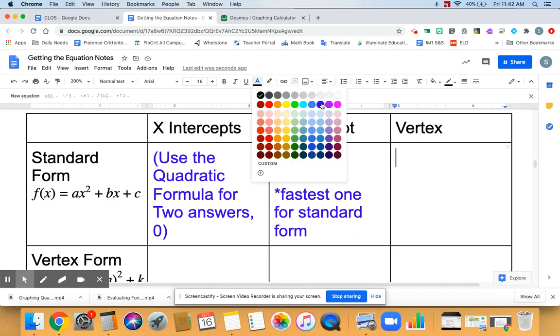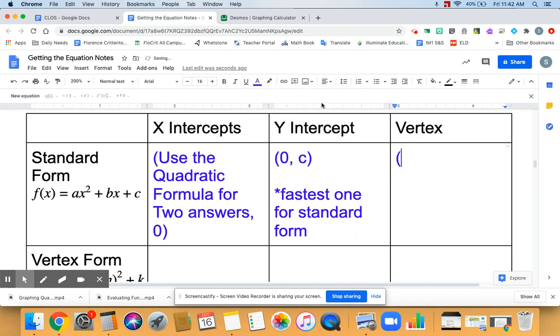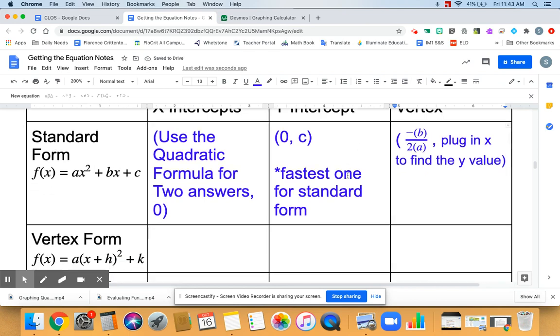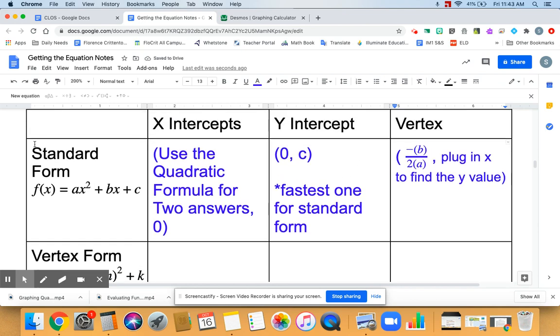For the vertex from standard form, remember to get the x value, it's this little equation that says negative b over 2a. And that's the x value. And then the y value. That's how you'll get all 3 for standard form.